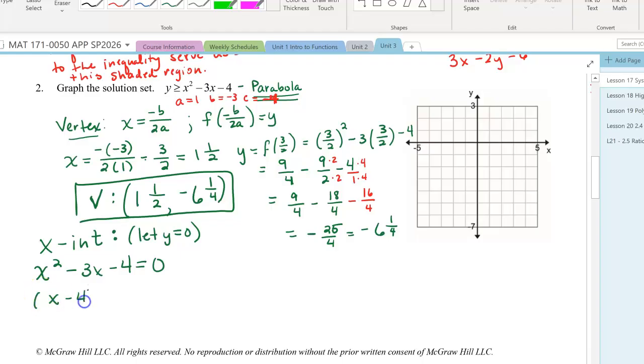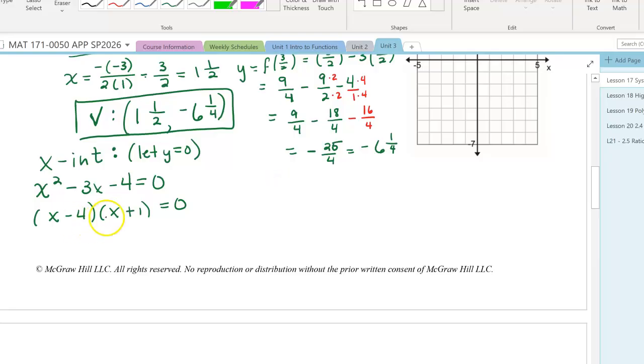This is factorable, so x minus 4 times x plus 1 is equal to 0. Negative 4x plus x will give me the negative 3x, and negative 4 times 1 would give me the negative 4. So my two x-intercepts are x equals 4 and x equals negative 1. And I got those by setting each one of those equal to 0.